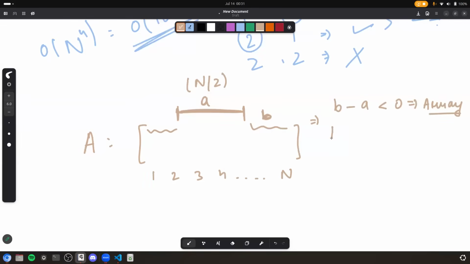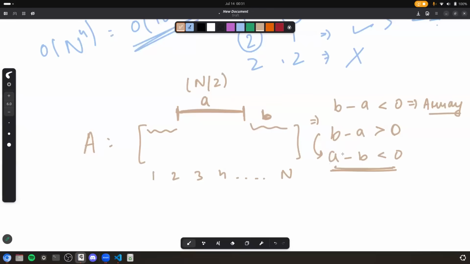But let's say that it is positive. Then what happens? If B minus A is positive, then we know that A minus B would be negative, since if we multiply by minus on both sides, the inequality flips, or we can just take A to this side and B to this side and we'll get this inequality. So we know that A minus B is less than 0.